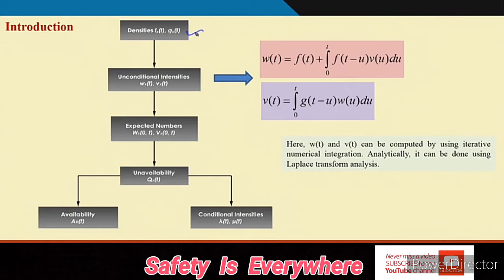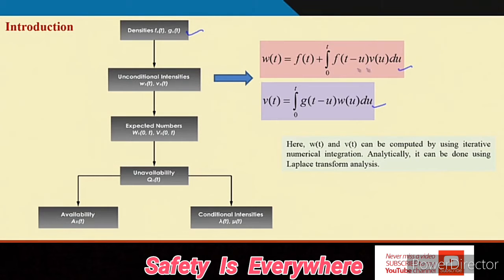So, two densities are known to you, and you want to compute the unconditional intensities Wt and Vt. What Wt and Vt are has already been told to you. In fact, in the last lecture we had an elaborate derivation for this, and we found these two equations.